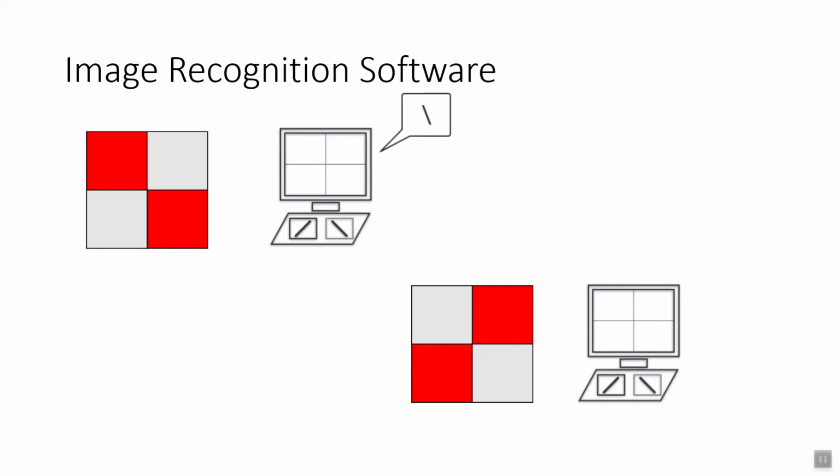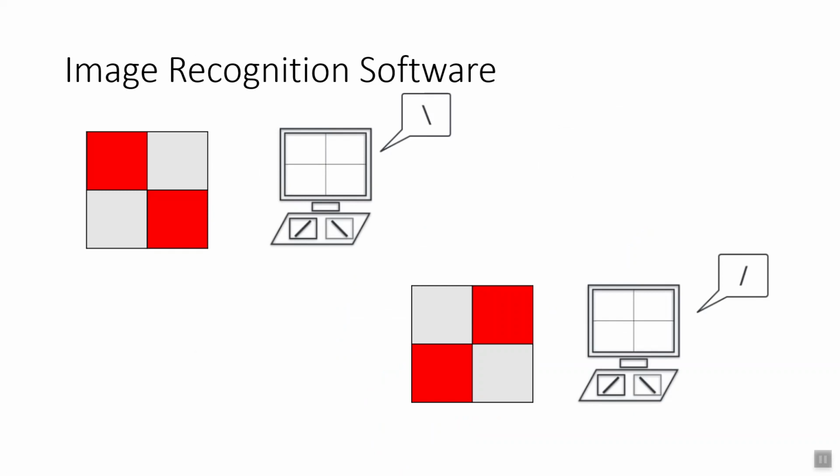Similarly, if we feed the image of a forward slash, the computer should say yes, this is the forward slash. So we are going to teach the computer to tell these two apart.